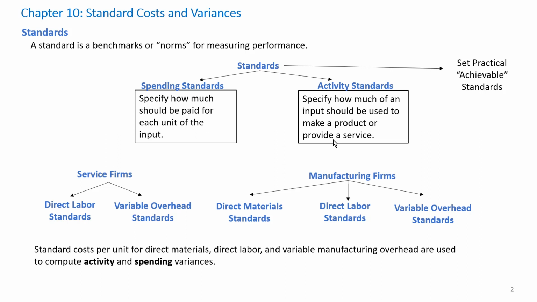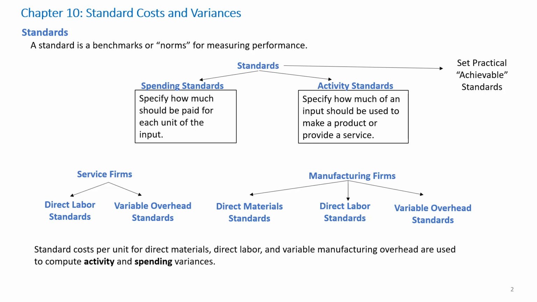The difference between standard costing in manufacturing organizations and standard costing in a service organization is that a service organization has no direct material cost. Both have direct labor and overhead. Our focus for this chapter will be on the manufacturing companies.